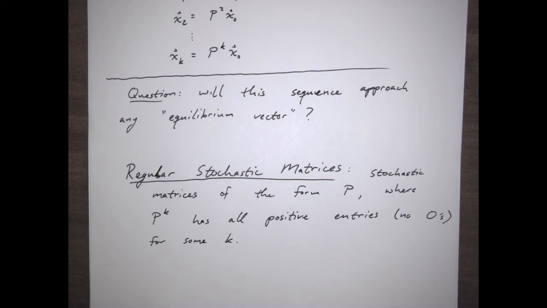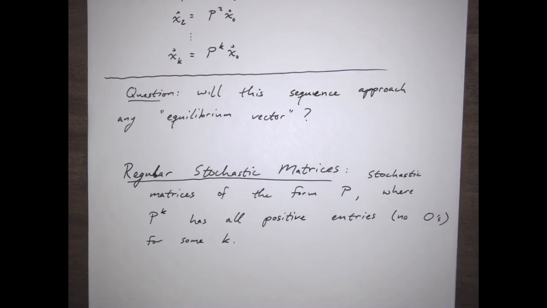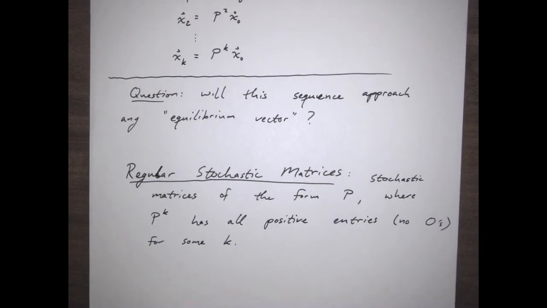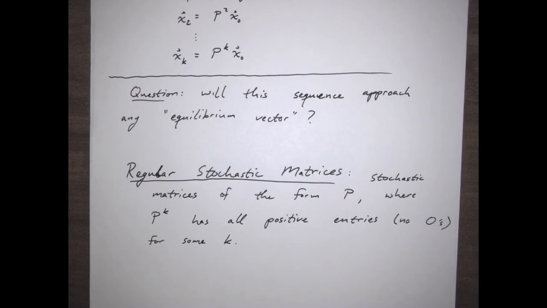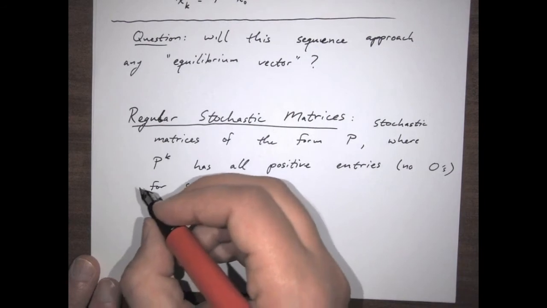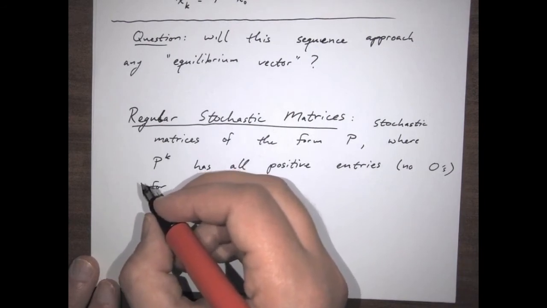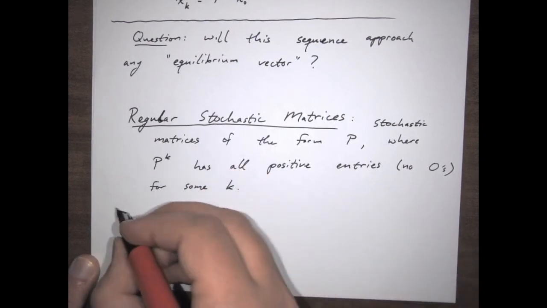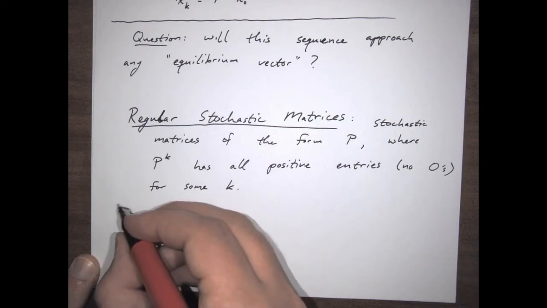And if we have a regular stochastic matrix, then we can figure out what's going to be happening in the long run, all based on what the eigenvalue of these matrices is going to end up being.